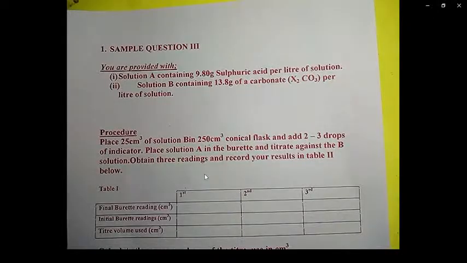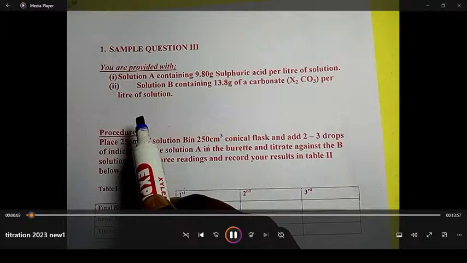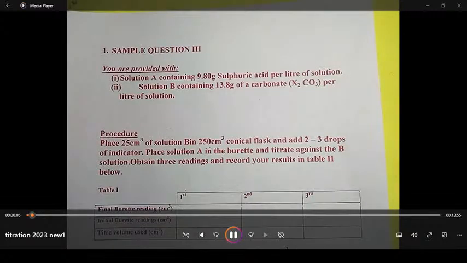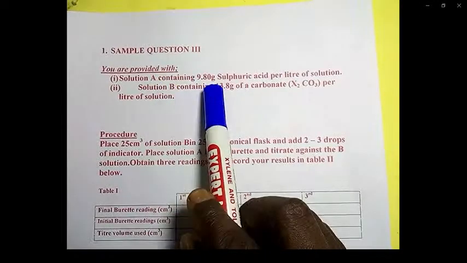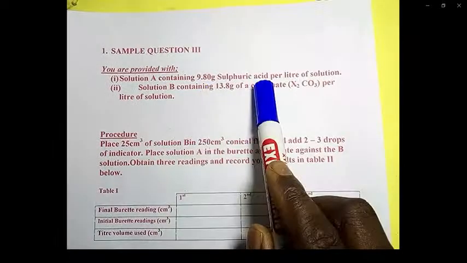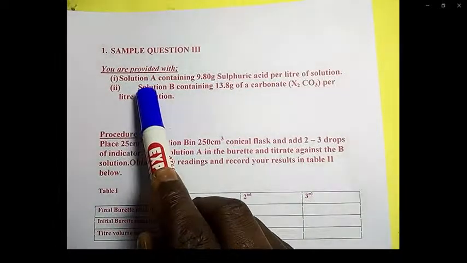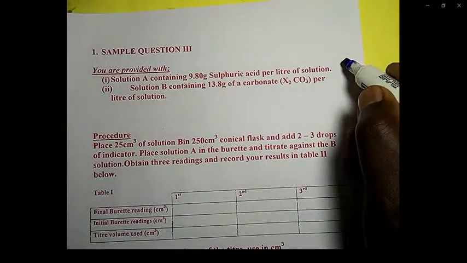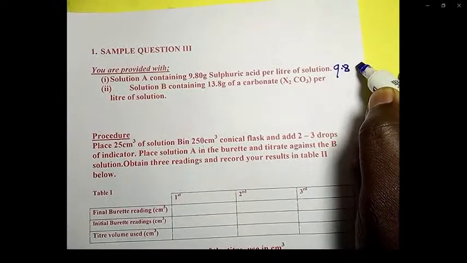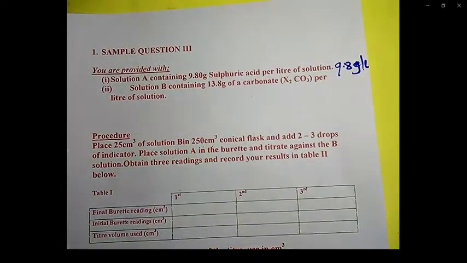You are provided with solution A containing 9.8 grams sulfuric acid per liter of solution. So that means that 9.8 grams are in 1 liter.